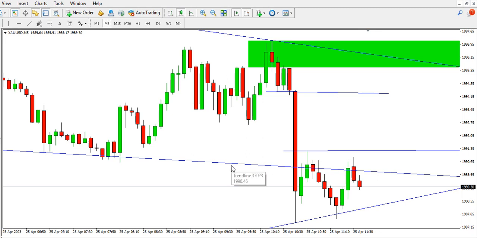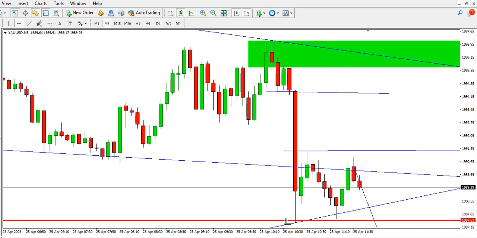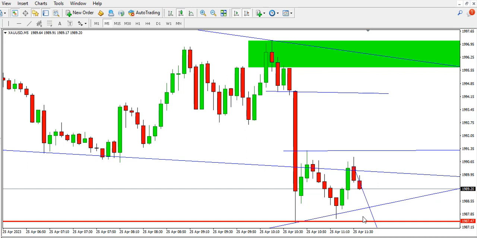On the 5 minutes time frame, we can see price trying to form a double top or a triple bottom. But in the process of forming a triple bottom, if price breaks below this particular level, and price goes further down, then it's over for the bulls for now. Expect price to continue to go down.